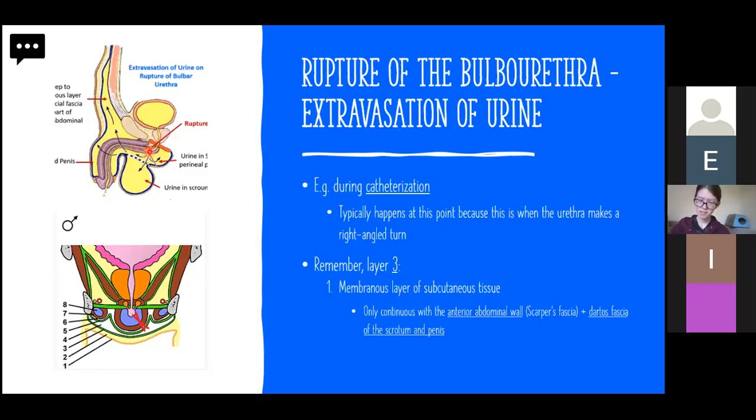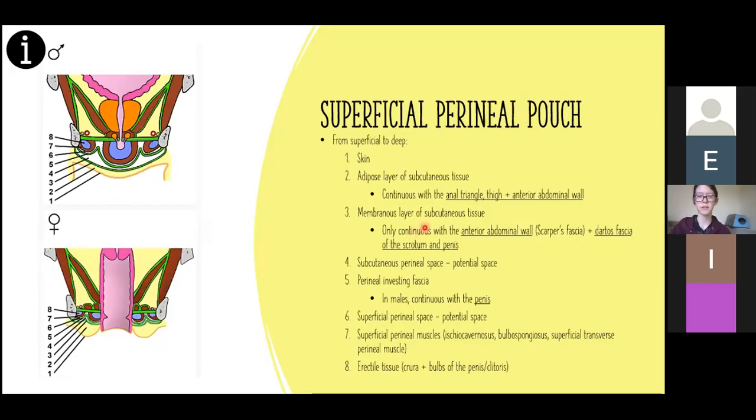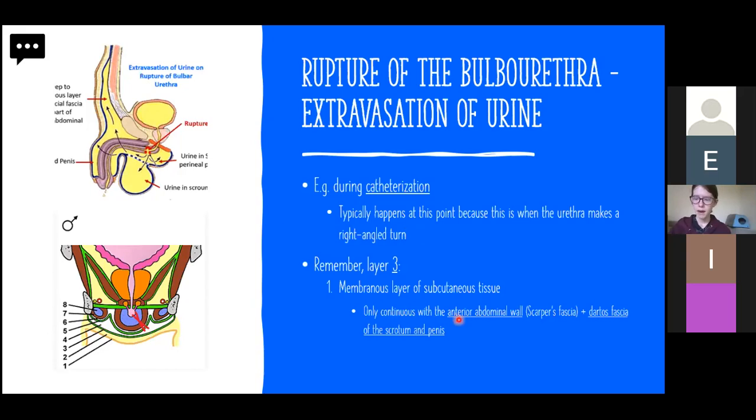And if that happens, the urine can't get out through the hole. You can't get normal flow of urine. So instead, it's going to go through your break here, and it's going to travel into that third layer in here, which is the membranous layer of subcutaneous tissue. It's probably the most important one to know here. Why is it important?